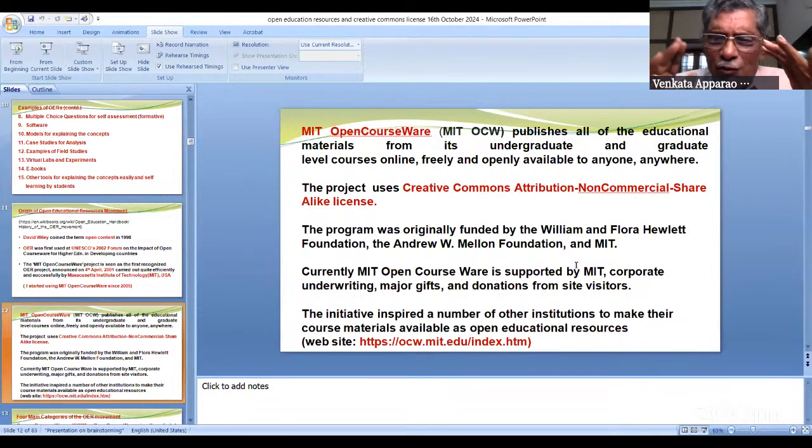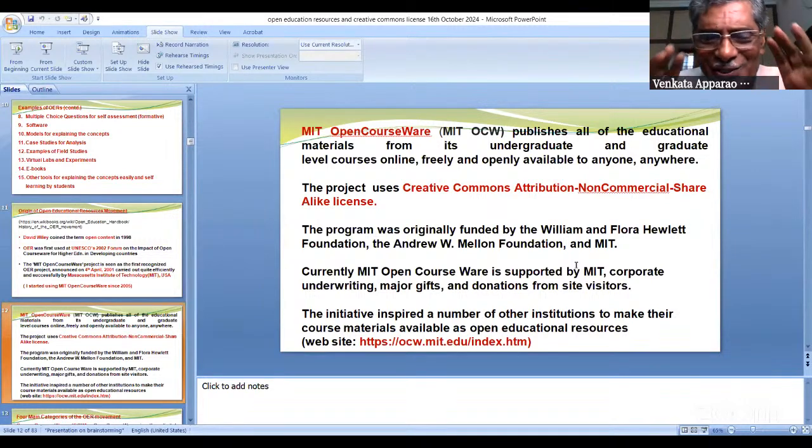This MIT OER project program was originally funded by the William and Flora Hewlett Foundation and the Andrew W. Mellon Foundation and MIT.